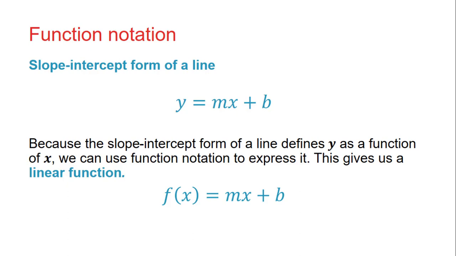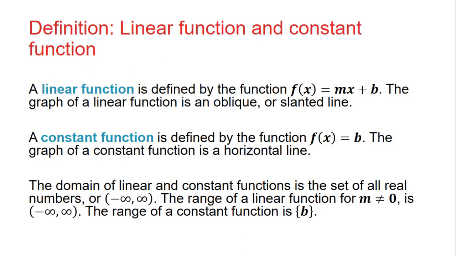Now in function notation, remember y is equal to f of x. So if we have y equals mx plus b, we can write that in function notation, which would then give us a linear function. And so a linear function is defined to be a function of the form f of x equals mx plus b.